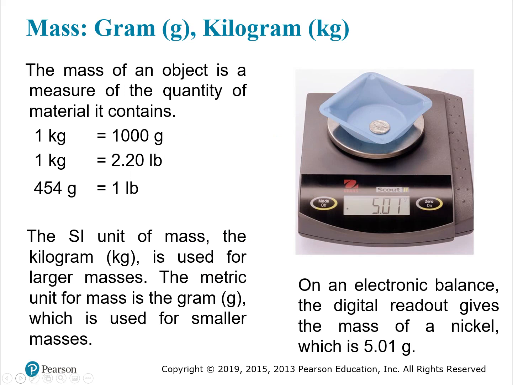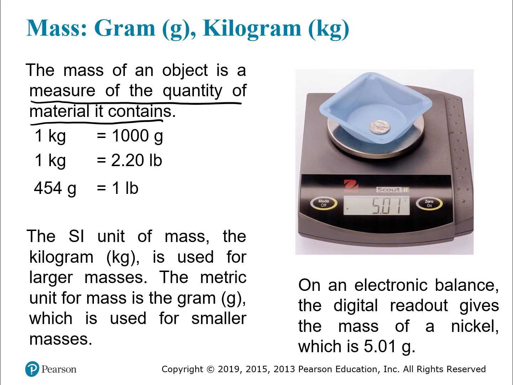For mass, we're talking about the measure of the quantity of material an object contains, so how much matter is in something. For the metric system, we're using the gram, and that's used for smaller, everyday masses, which makes sense.